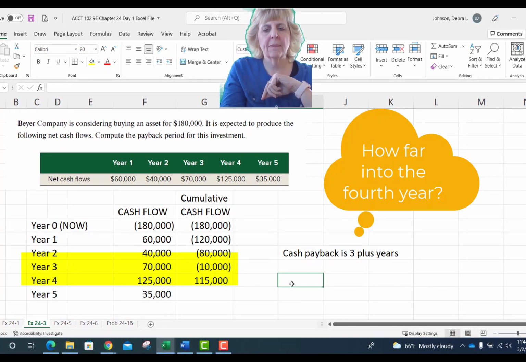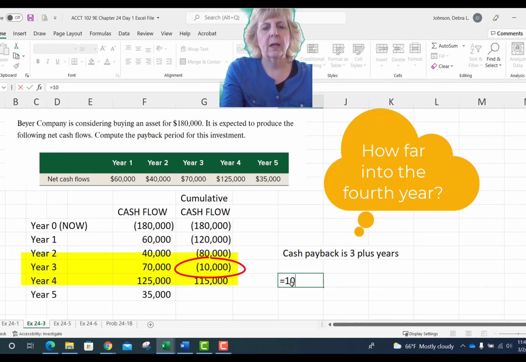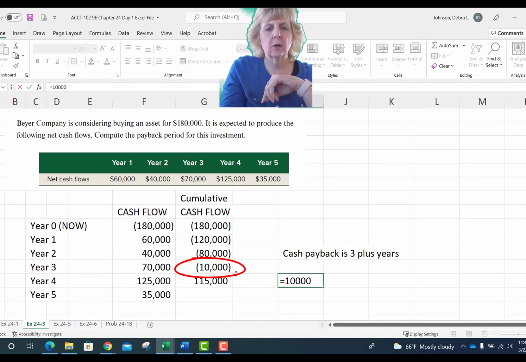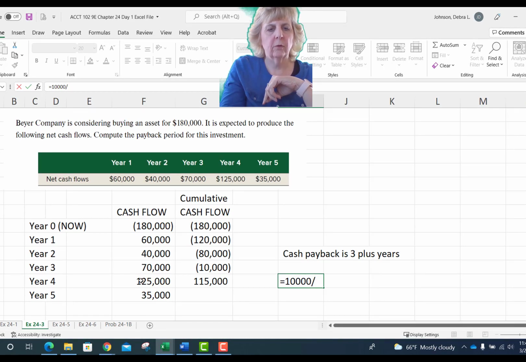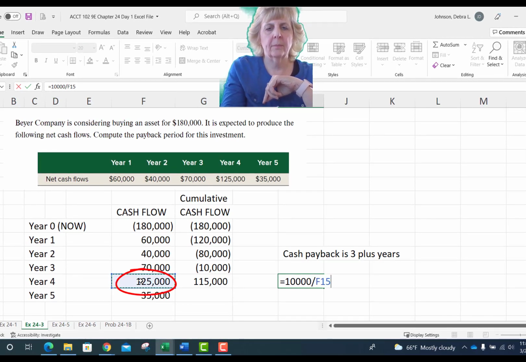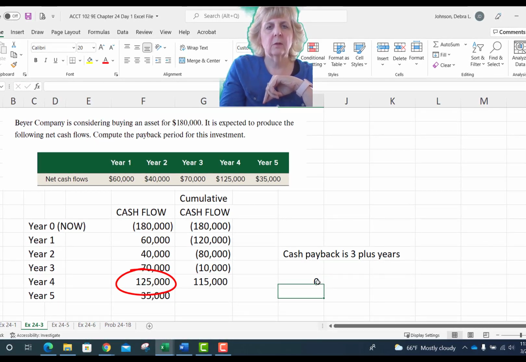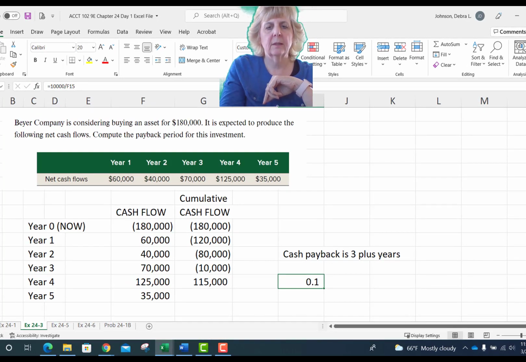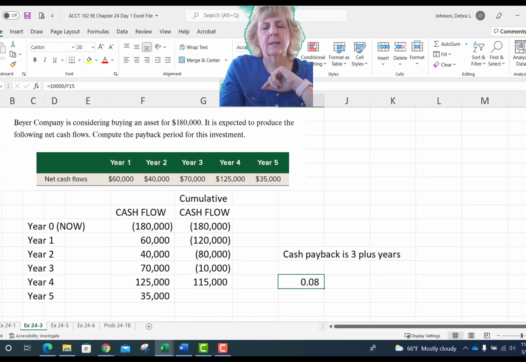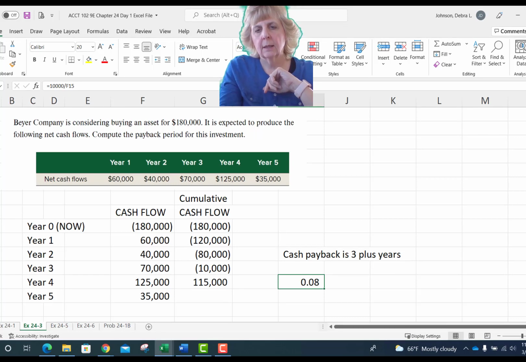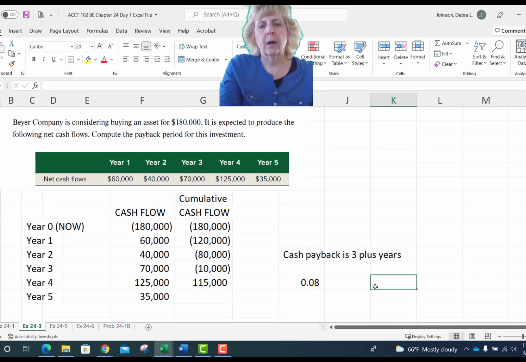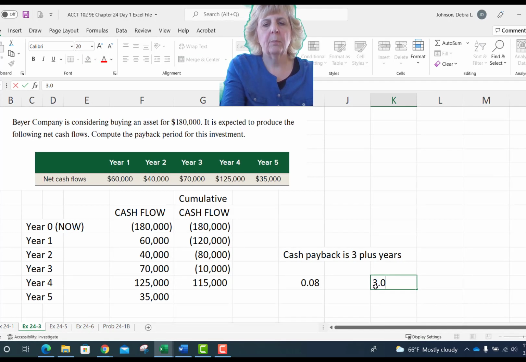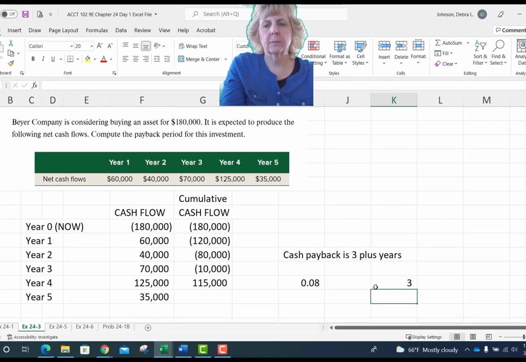We take that $10,000 that we had left to get to 0 from right here, and we divide the cash flows in that year. And what that tells us, once I put a couple decimal places on it, is that it's 8/100 into the year. So a more accurate answer would be 3.08 years.